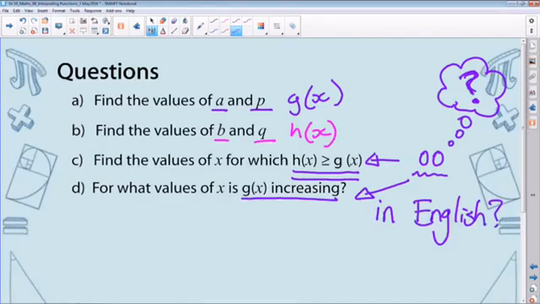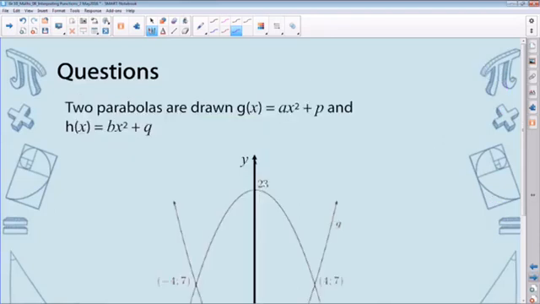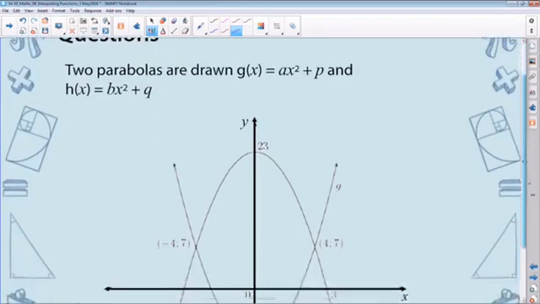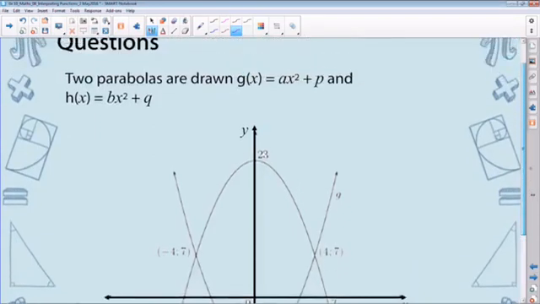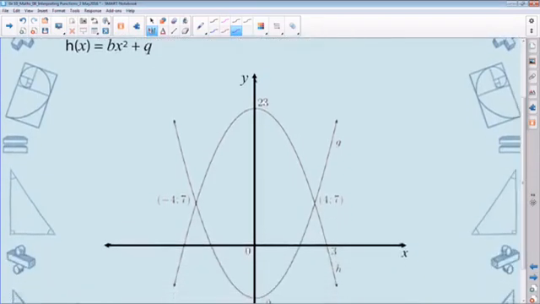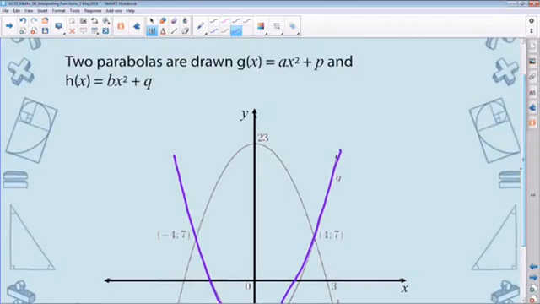Okay, so let's look at the first question, finding the values of a and p. And we'll go back to this, and I'm going to highlight g of x so that we can see it. And I'm going to rewrite the equations. Oh, I'm so sorry about that. It's a bit bumpy, but you'll be able to cope with it. g of x is equal to ax squared plus p.